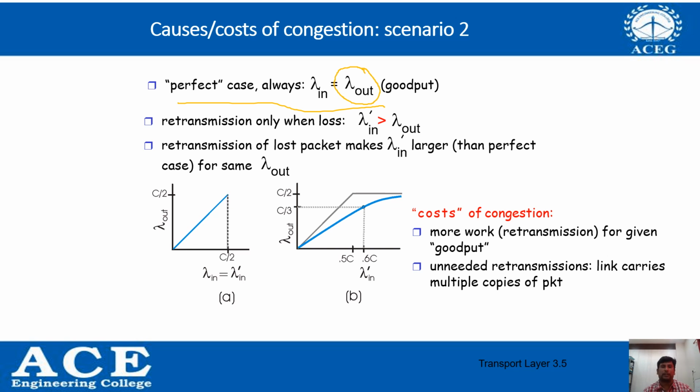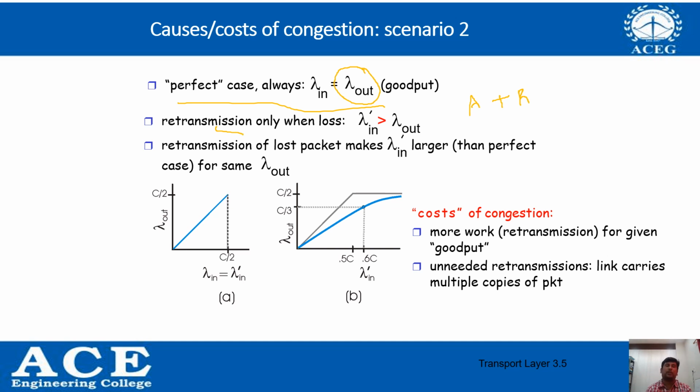If this number of packets, lambda in, is greater than lambda out, it will result in the loss of packets. And once there is a loss of packets, we are going to retransmit, so the actual plus retransmitted packets together are represented with lambda in dash. If lambda in dash is greater than lambda out, retransmissions occur.